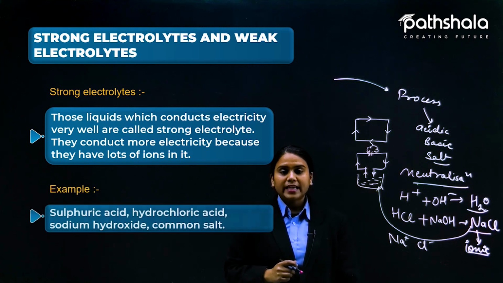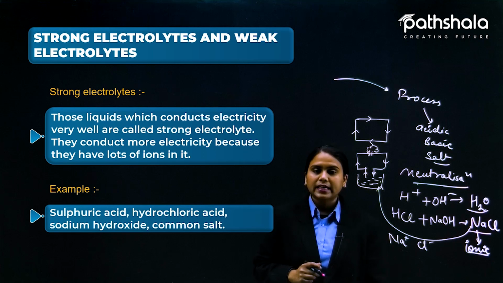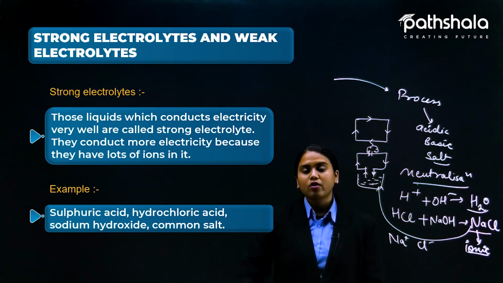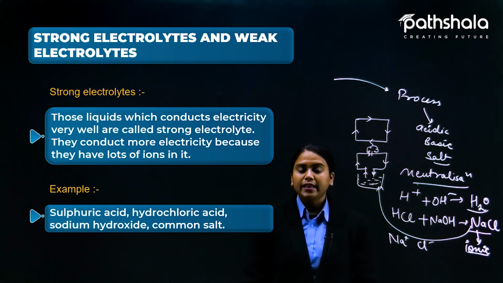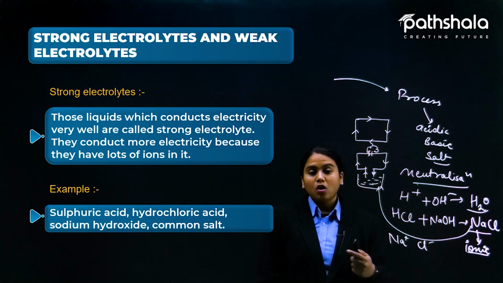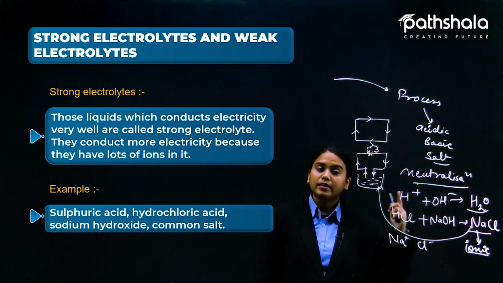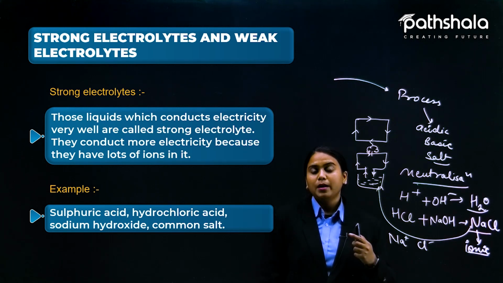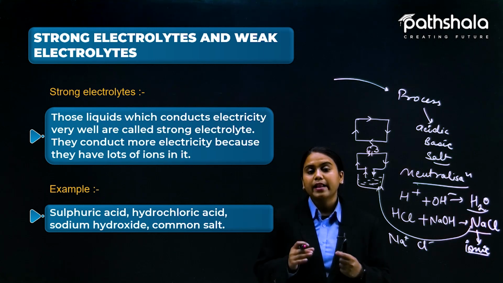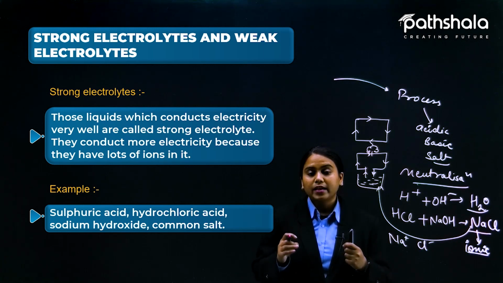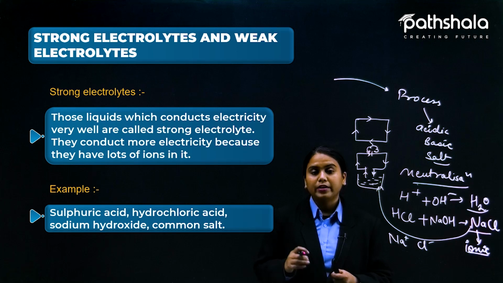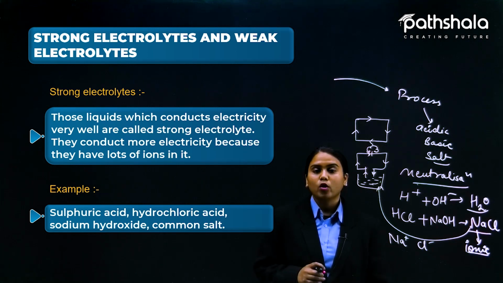Now, examples for this: sulfuric acid, hydrochloric acid, sodium hydroxide which is the base, and common salt. This common salt is made up of a strong acid and strong base, so a strong salt is made like this. Common salt makes a strong electrolyte when we dissolve it into water.